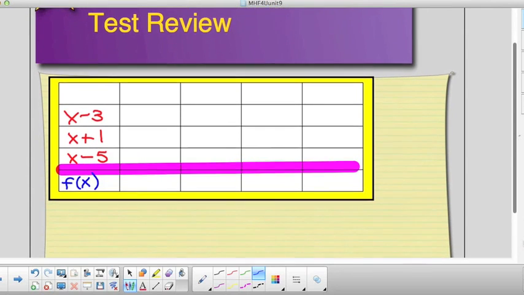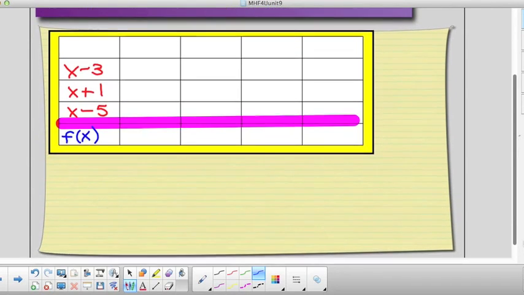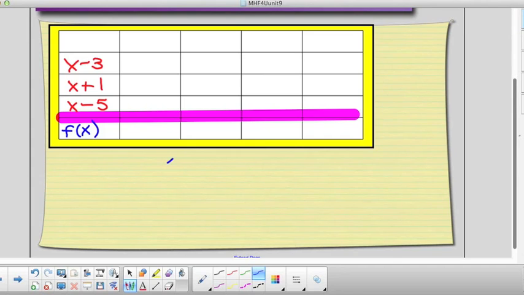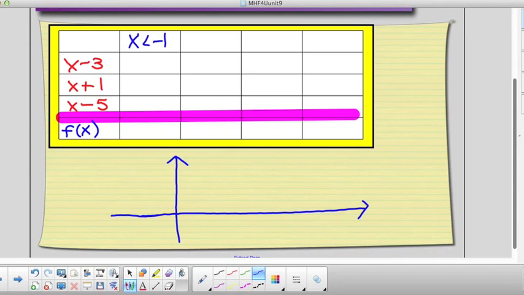Now at the very top, I'm going to illustrate those regions that I talked about before, the different parts of the graph that I need to analyze. I need to figure out how the graph is going to look when x is less than -1, in between -1 and +3, in between +3 and +5, and when x is greater than 5.